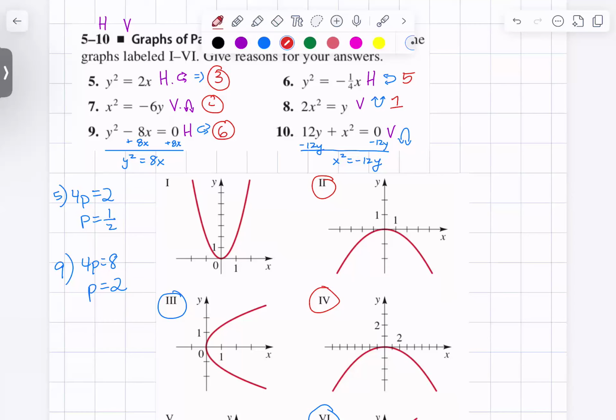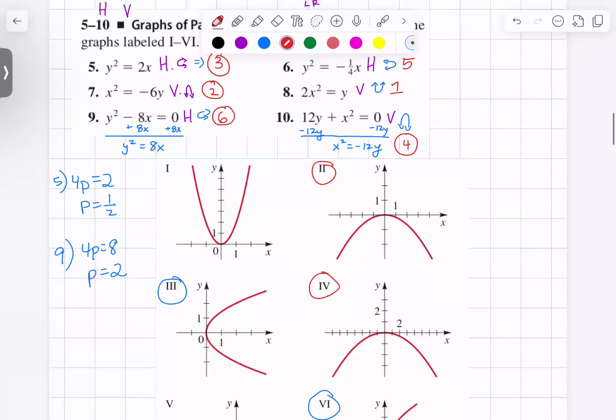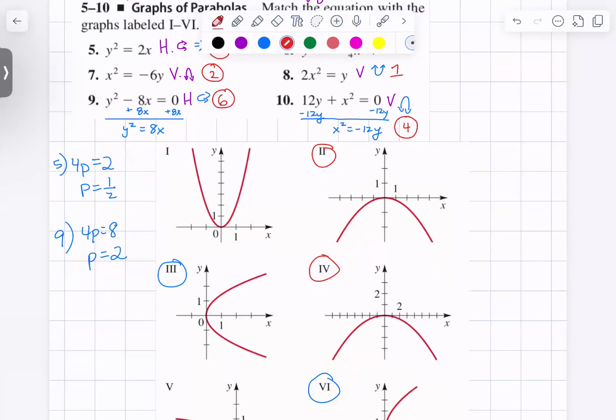No, this is 4. Oh, no, you're right. This is 2. This is 4, because number 4 is a little wider, right? Yeah? Okay. Right. It's a horizontal compress. Or no, it's a vertical compress. Horizontal stretch. Okay.